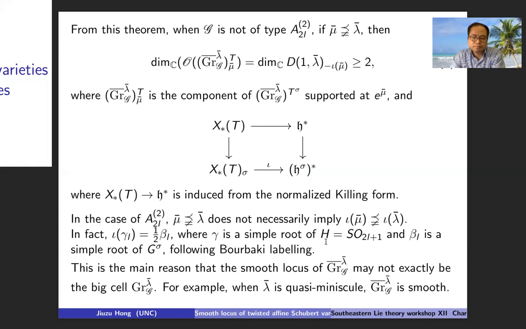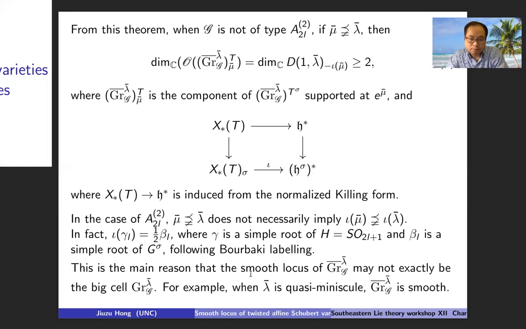So, as I said, in most cases, if the group scheme is not twisted A2L, then the smooth locus of the Schubert variety will be the big cell. And this is not true for twisted A2L.